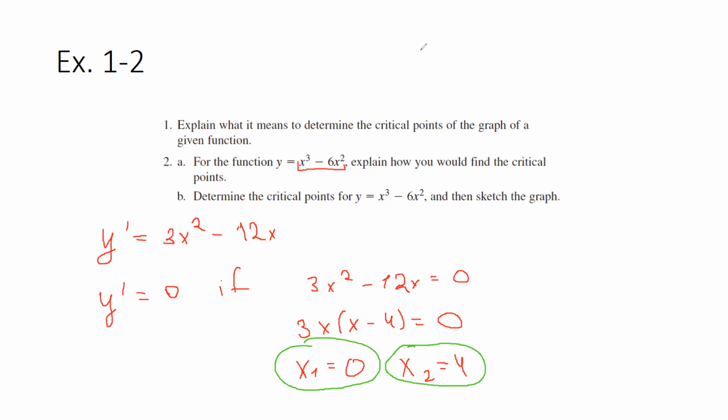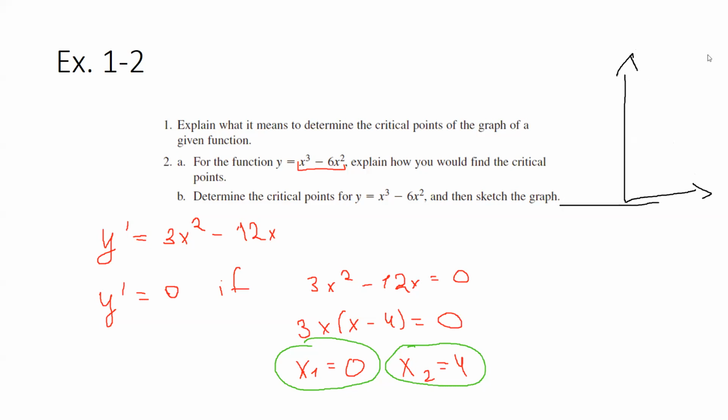The graph will have a hill shape with the peak at x equals 0. Exactly. So basically, if it's going to be a peak, it's going to be a local maximum or local minimum, or in other words, it's going to be a point where the function changes direction or the derivative changes sign.